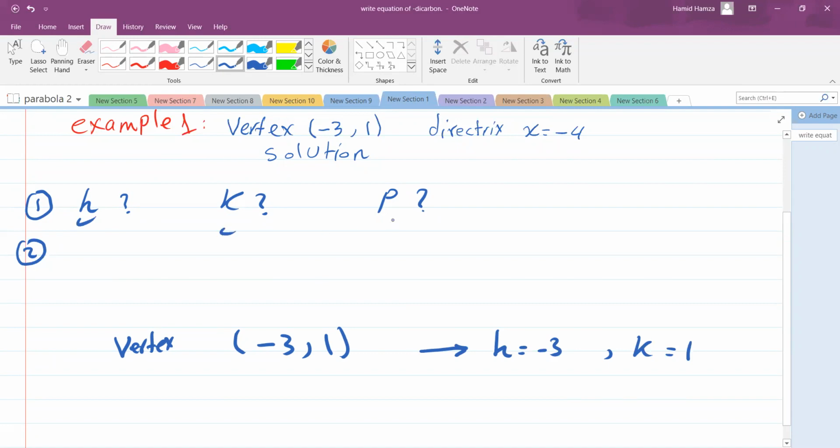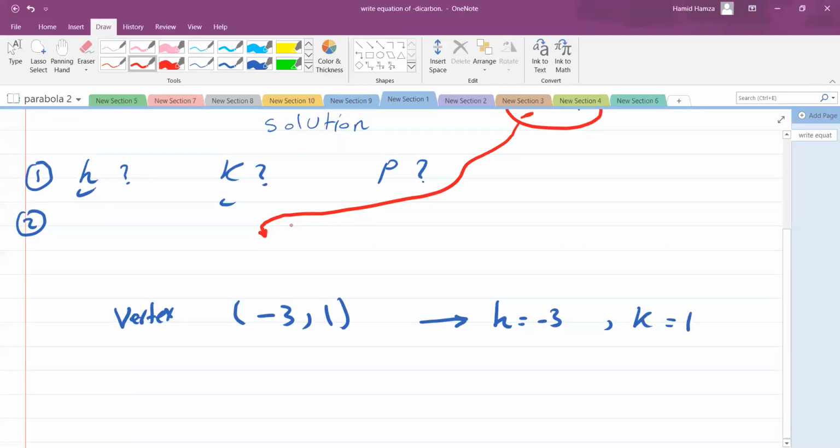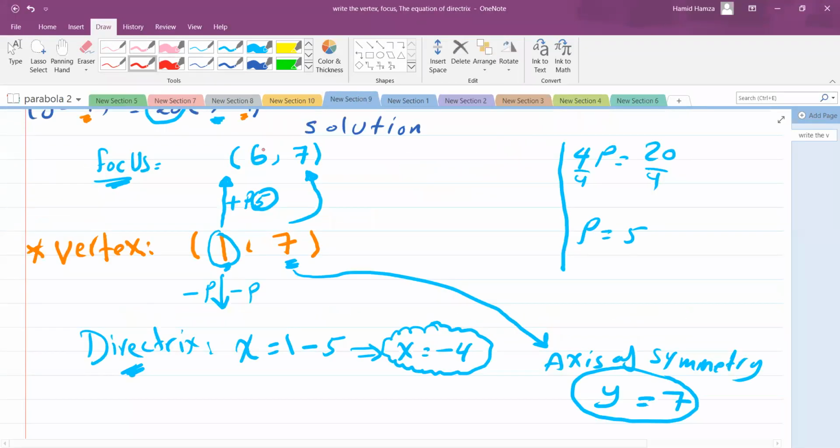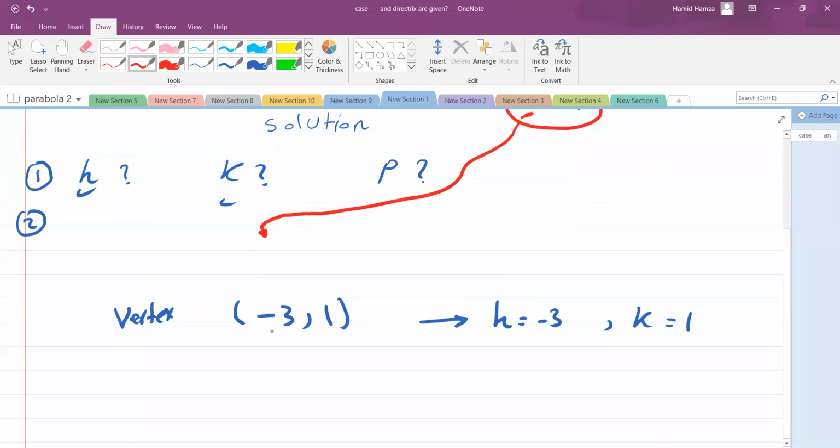What about b? We'll go back again. The directrix guides you. Go directly to the x part of the vertex, this part. Remember, from here, let's go back: how do I find the equation of the directrix? By subtracting b from this part.